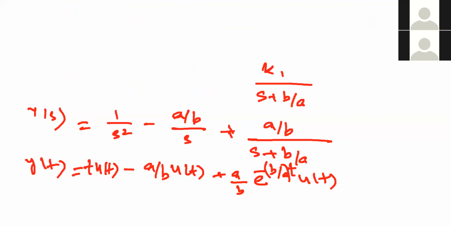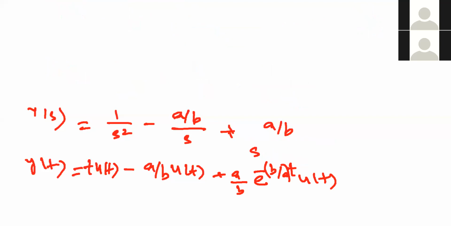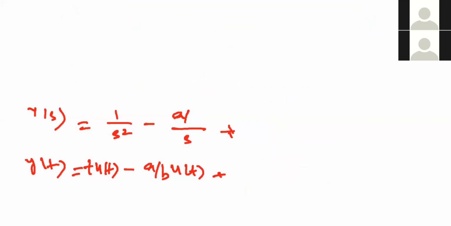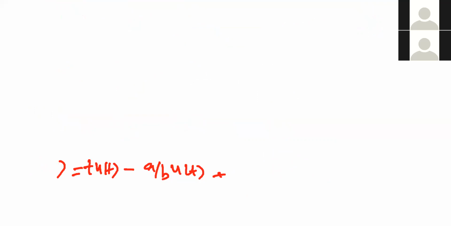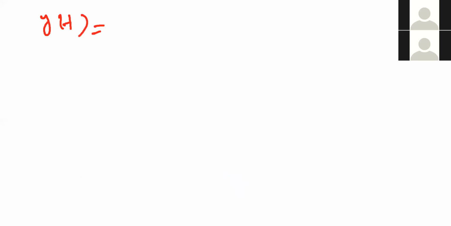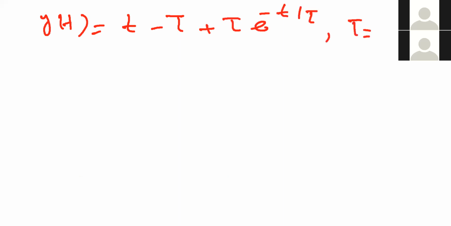So overall, you will get y(t) equal to t minus tau plus tau e raised to the power minus t over tau, where this tau is actually equal to a by b in the previous equation. So if you place a by b equal to tau, you will get this expression. So let us get this expression, and let us draw this expression.